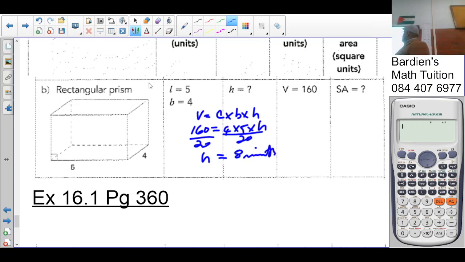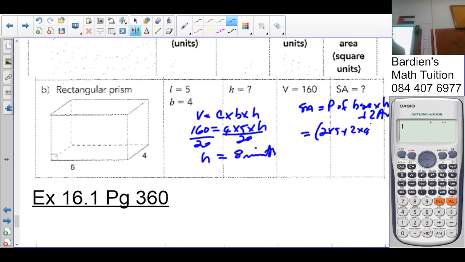Okay? Then the surface area is going to be the perimeter of base times height plus 2 area of base, twice area of base. The perimeter of the base is going to be 2 times 5 plus 2 times 4, times height, which now we got to be 8, plus 2 times area of base, it's going to be 5 times 4.